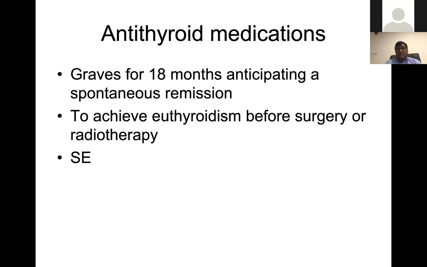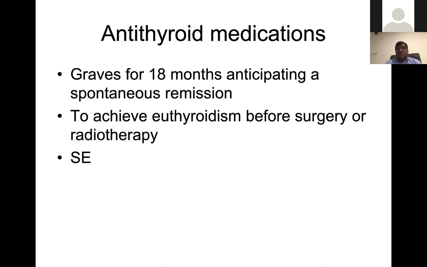Both drugs can cause it, but it's more severe with propylthiouracil, PTU. Because of that, we don't use PTU in ordinary patients with thyrotoxicosis. We usually use either carbimazole or methimazole. The indications for PTU are generally specific.